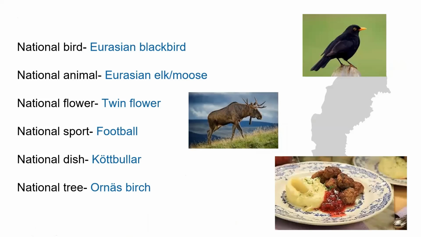This is the Eurasian blackbird, and this is the Eurasian elk. The national flower is the twinflower. The national sport is football. The national dish is called köttbullar, which is nothing but meatballs with mashed potatoes and gravy. The national tree is the birch.